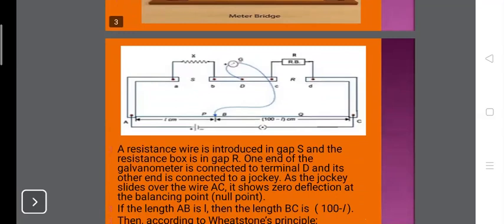Clear? So now let us study the construction of the meter bridge. It consists of a 1 meter length of wire whose cross-sectional area is the same. As I told you, it is stretched on a wooden board.